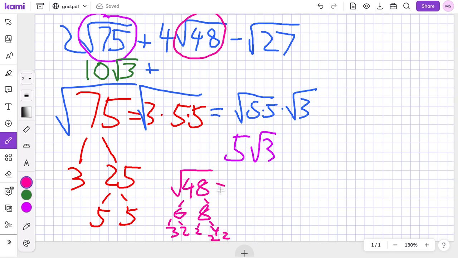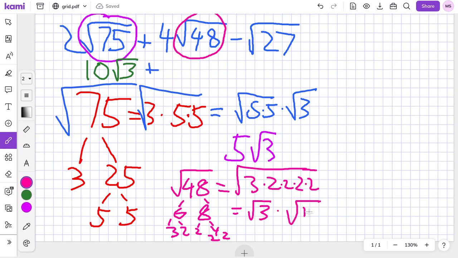So that means that root 48 is really 3 times 2 times 2 times 2 times 2, which means that it's root 3 times root 16. And that, of course, is also known as 4 root 3. And so if that's 4 root 3, then this right here will be 16 root 3.